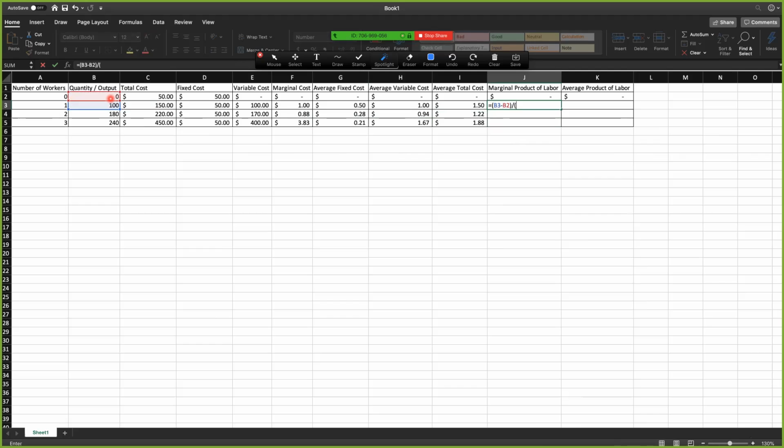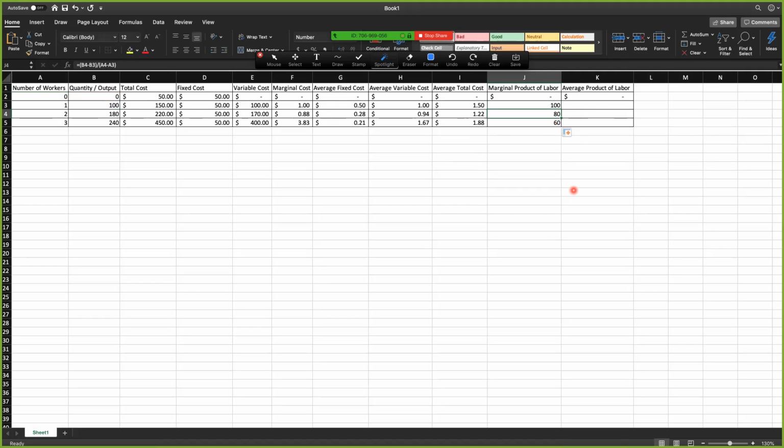And then the change in labor, moving from 0 workers to 1 worker, so one additional worker. The marginal product of labor in this case is going to be 100. So the marginal product that each additional worker produces is 100 at 1. If we pull that down, we can see that the workers are becoming less efficient at each increasing level of production.